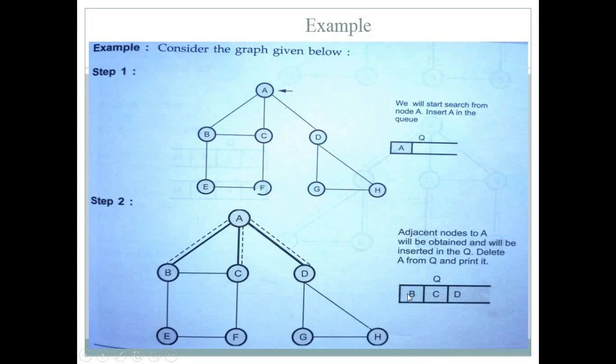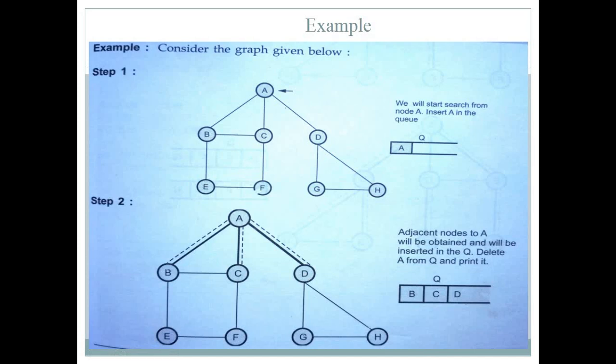Here I have written A, B, C, D. Here I can also write A, C, B, D. I can also write A, D, B, C. I can also write A, D, C, B. So you have to write all the adjacent vertices, but you can write in any order. Okay, so here the adjacent vertices of A are B, C, D. So we have written B, C and D. So our queue is A, B, C and D. A, B, C, D are the visited nodes.